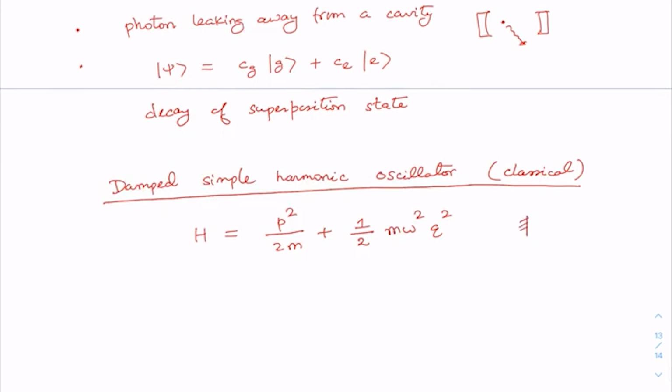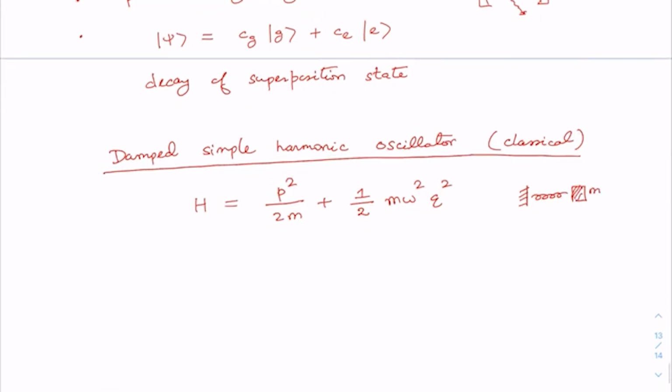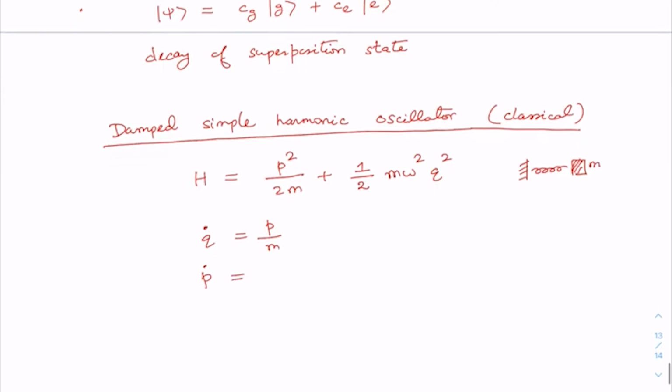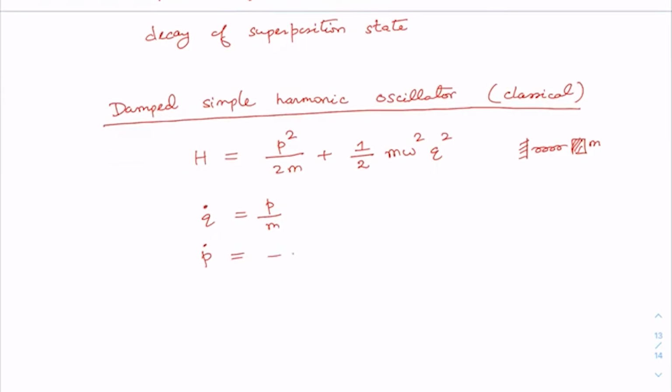There are many typical examples that we all know, for example, a mass attached to a spring. So this is the example of a classical simple harmonic oscillator, and from this equation we know the equation of motion would be q dot is equal to p by m, and p dot, which is the rate of change of momentum, which is basically the force, is equal to minus m omega square q.